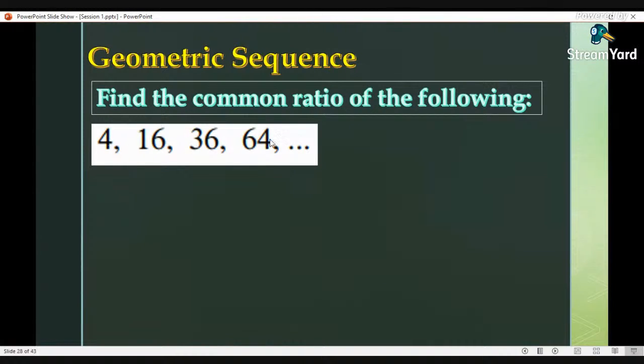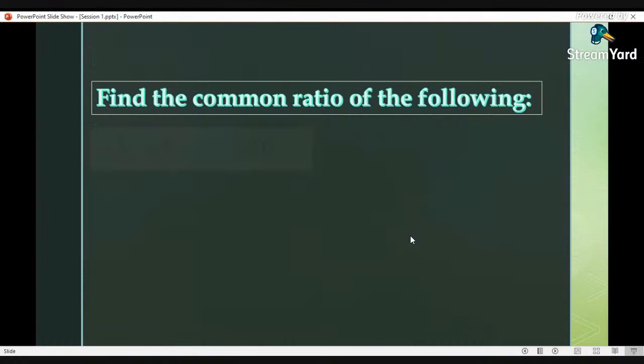I think this given is not considered a geometric sequence, because you cannot find a common ratio between them. 16 divided by 4 is 4. 36 divided by 16 is not 4. And 64 divided by 36 is really not 4. So I think this has no common ratio. Let's continue with the other one.